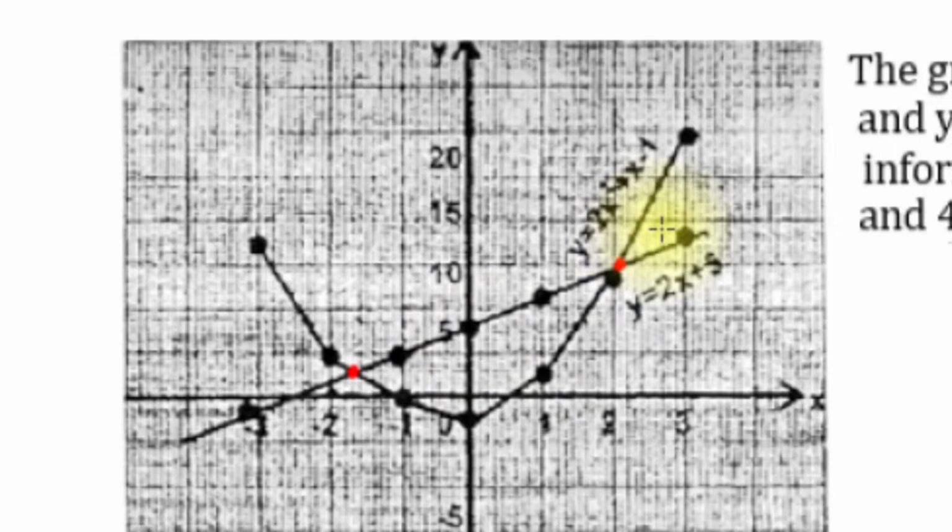From here we just move to the left hand side, and then from here we move to the right hand side, and the point on the x-axis is going to be one of the solutions. And here also we can see we are moving from here to the y-axis and also to the x-axis, and the point of intersection is also the solution.